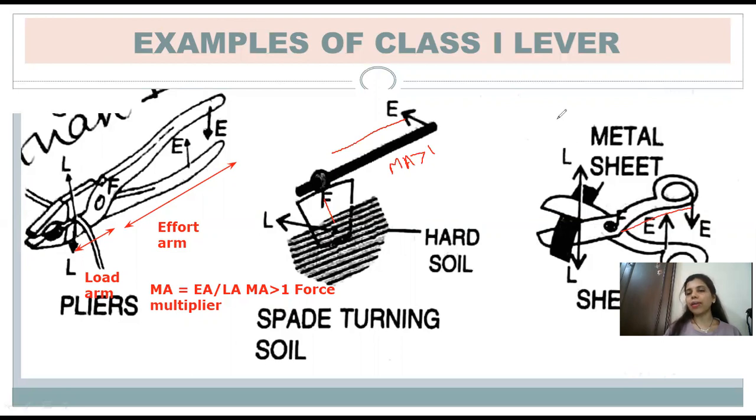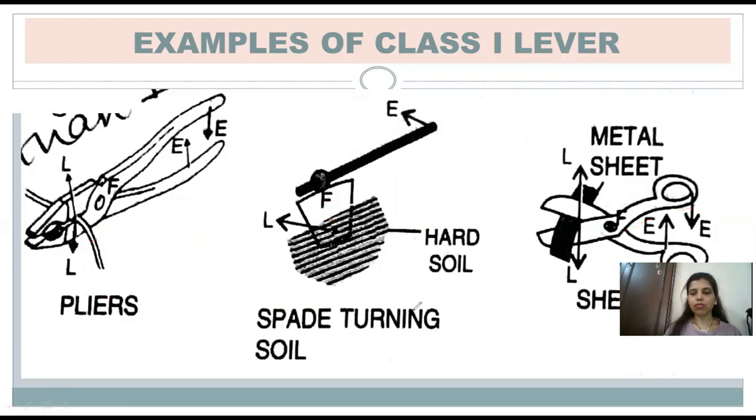So even here, MA is greater than 1. Even these shears act as a force multiplier. Now we go to the next slide and we'll see different examples again.